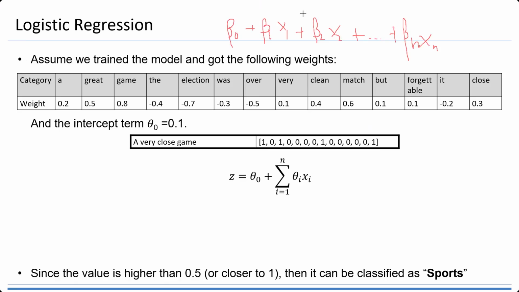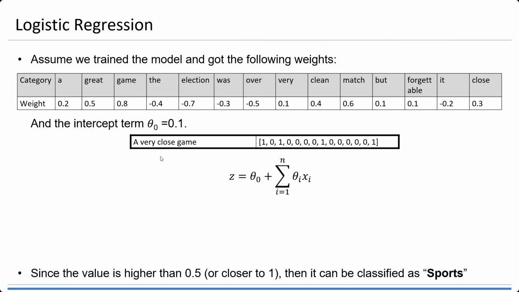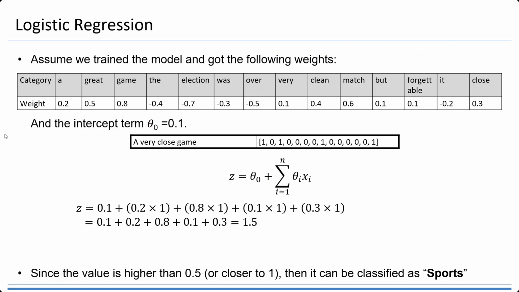Okay, so we want to do the summation for all of these. So this is beta 0, and beta 0 is the intercept. So I would like to produce the Z, and just put in all the numbers.